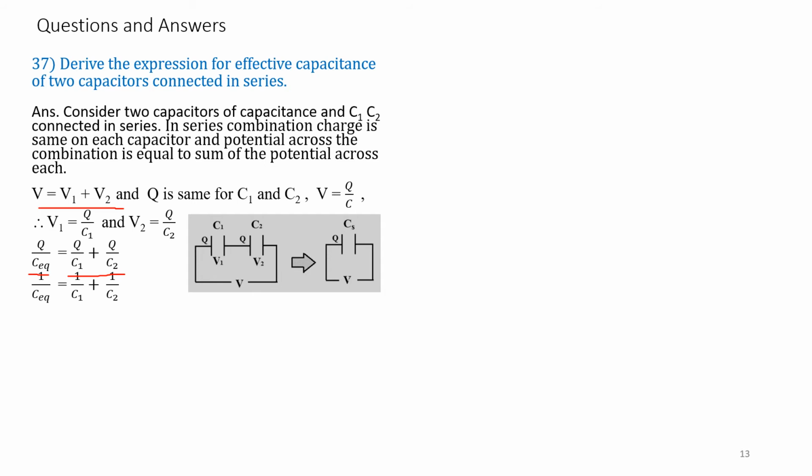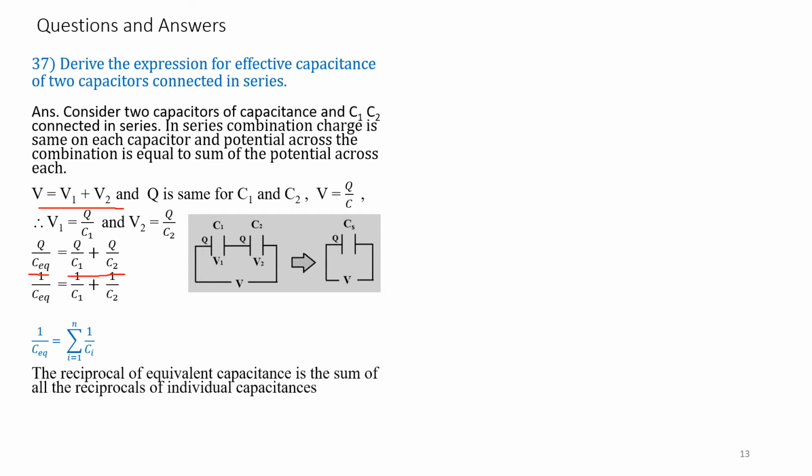This is the equivalent capacitance, and if there are more than two capacitors, the equation becomes 1 over CEQ is equal to summation, sigma i equal to 1 to N, 1 over Ci. The reciprocal of equivalent capacitance is the sum of the reciprocals of all individual capacitors.